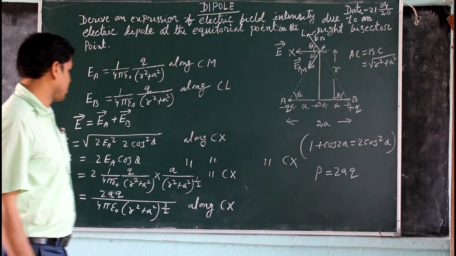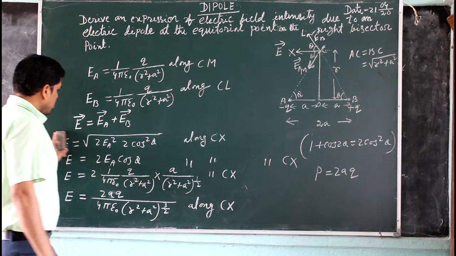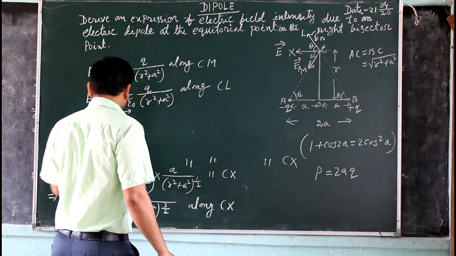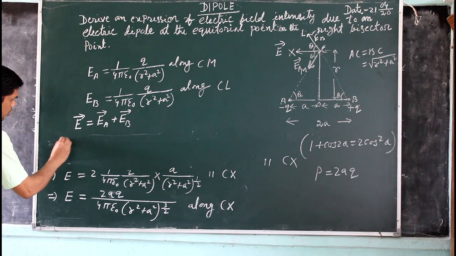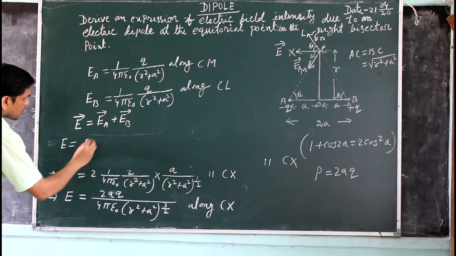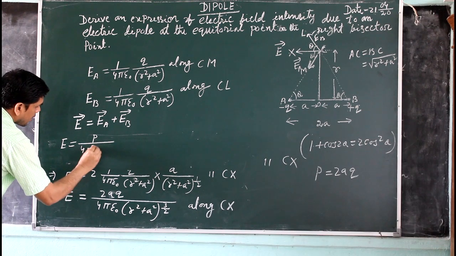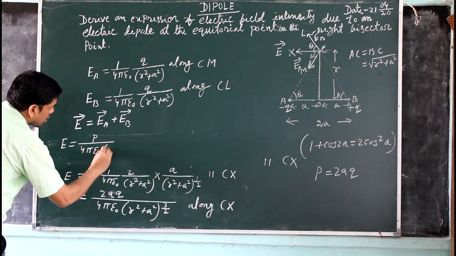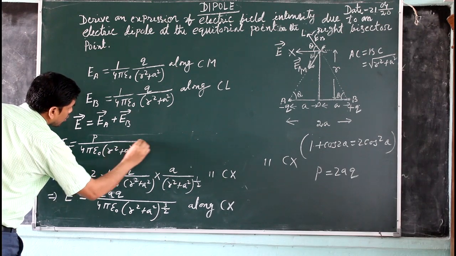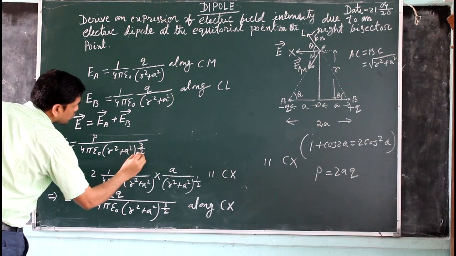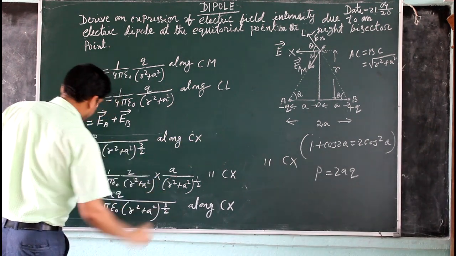So in place of this we use that value. So E equals P by 4 pi epsilon naught, r square plus a square whole to the power 3 by 2, along CX.